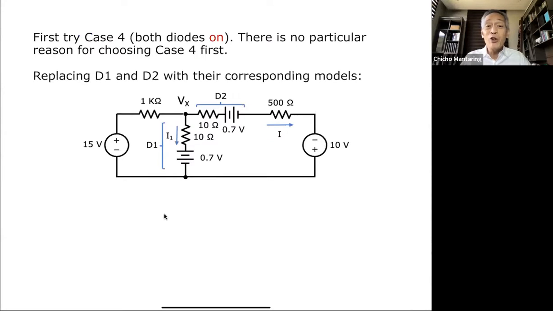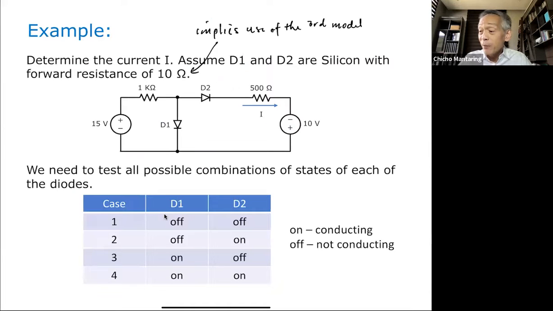What you try to do is make an educated guess, based on the circuit, of what the states of the diodes are going to be. So I have a 15-volt source here, and I have a 10-volt source here. I'm making an educated guess that this 15-volt source will be enough to make this diode conduct and this diode conduct.